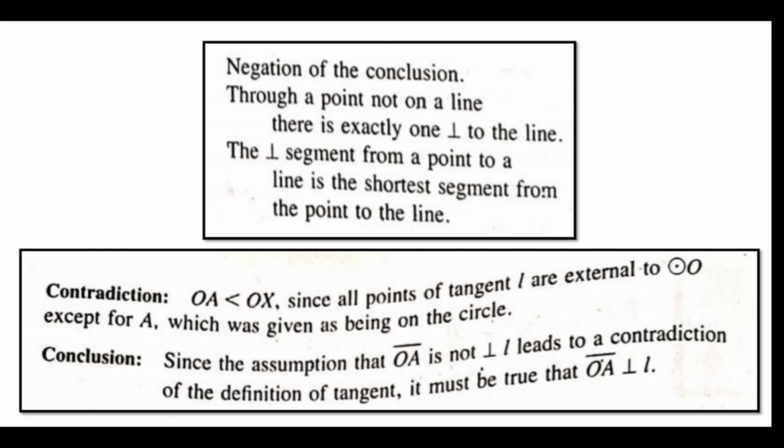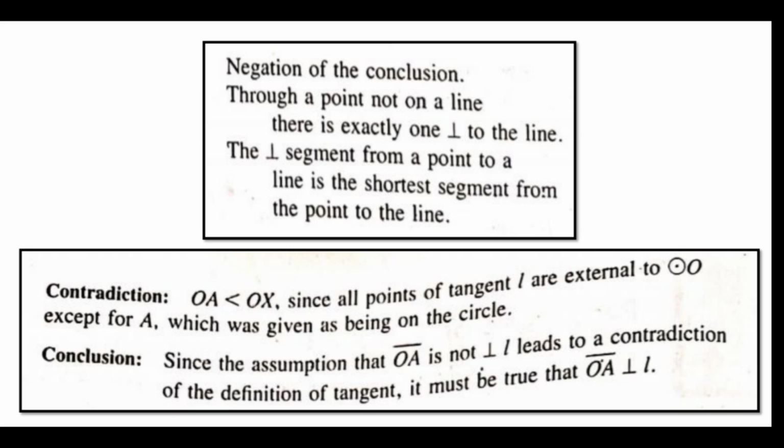So, by that contradiction, we now have the conclusion: since the assumption that segment OA is not perpendicular to L leads to a contradiction of the definition of tangent, it must be true that segment OA is perpendicular to L. And since it's already shown that the negation of segment OA perpendicular to L leads to a contradiction, it is now proven that segment OA is perpendicular to L.